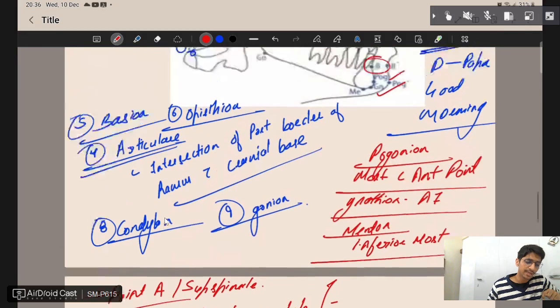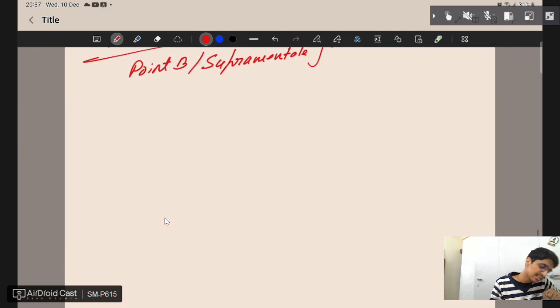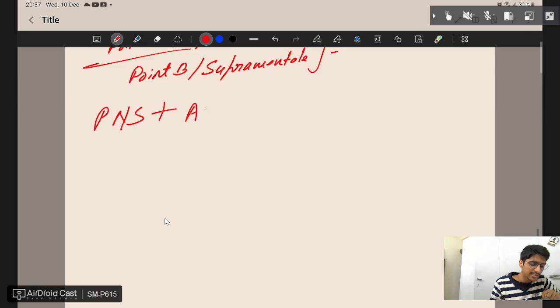Along with that, we have two more points in the maxilla, which are ANS and PNS. Both are present in the maxilla only. We will discuss this later. Just remember PNS, posterior nasal spine, and anterior nasal spine.